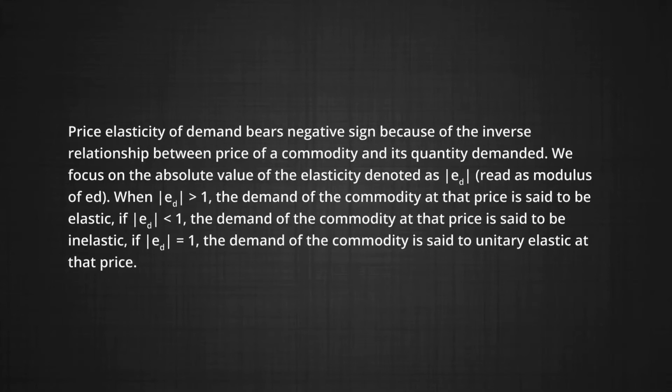When the modulus of ED is greater than 1, the demand for that commodity is said to be price elastic. If the modulus is less than 1, the demand for that commodity is said to be inelastic. If the modulus is equal to 1, then the demand for that commodity is said to be unitary elastic at that price.